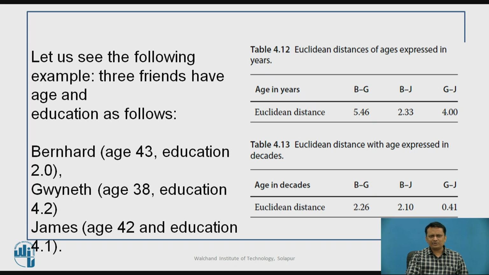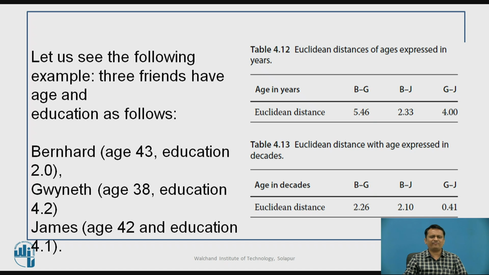So let us try to understand the need of these data transformations, like why we need normalization, why we need standardization. For that, take an example that you have data about three different friends in your contact: Bernhard, Juanith and James.